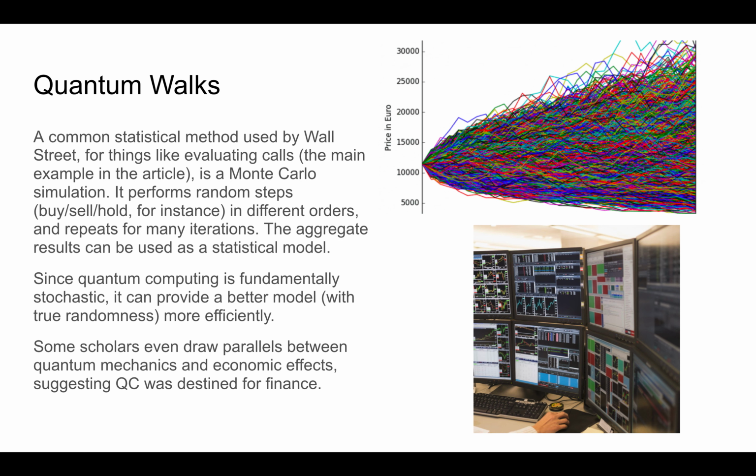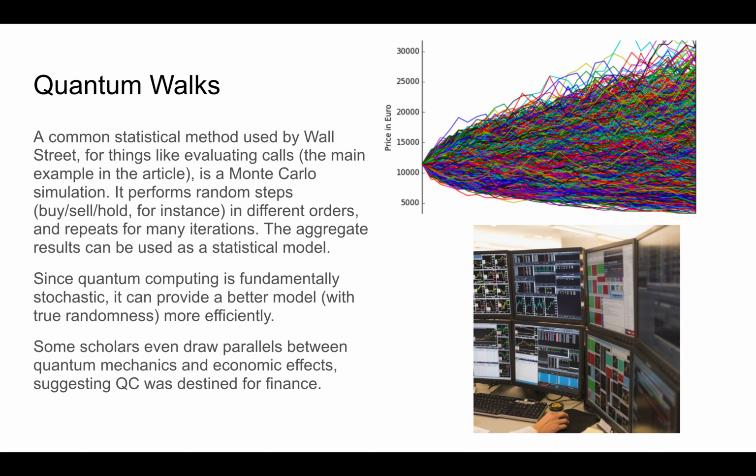The random generators in classical computers are still fundamentally deterministic, and if you know the seed, then you could reproduce those numbers. Quantum computers can be truly random because the process itself is physically random.